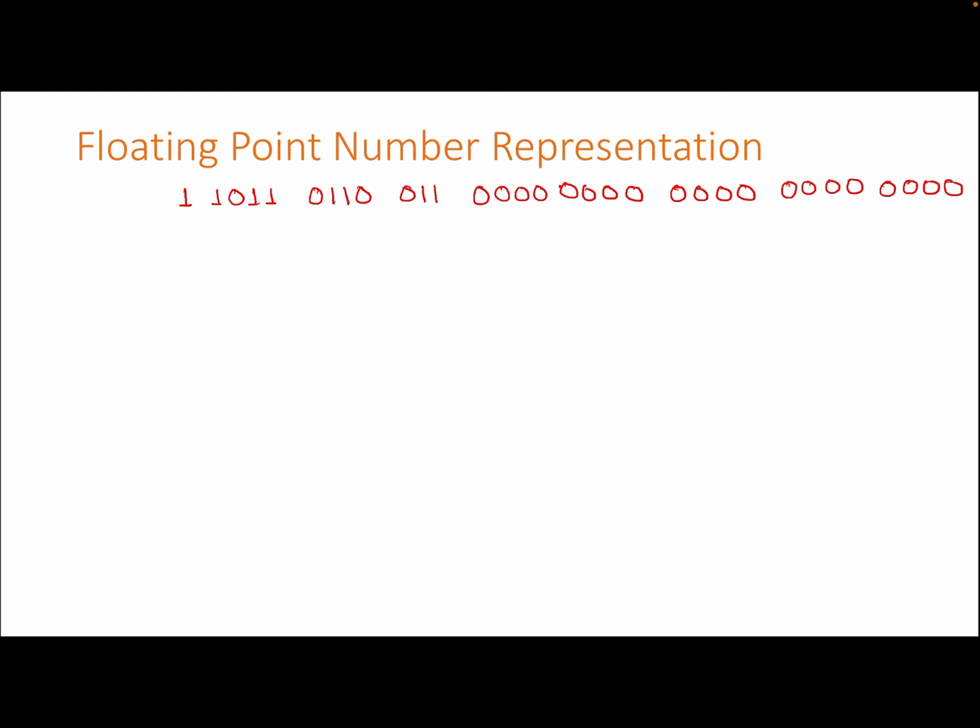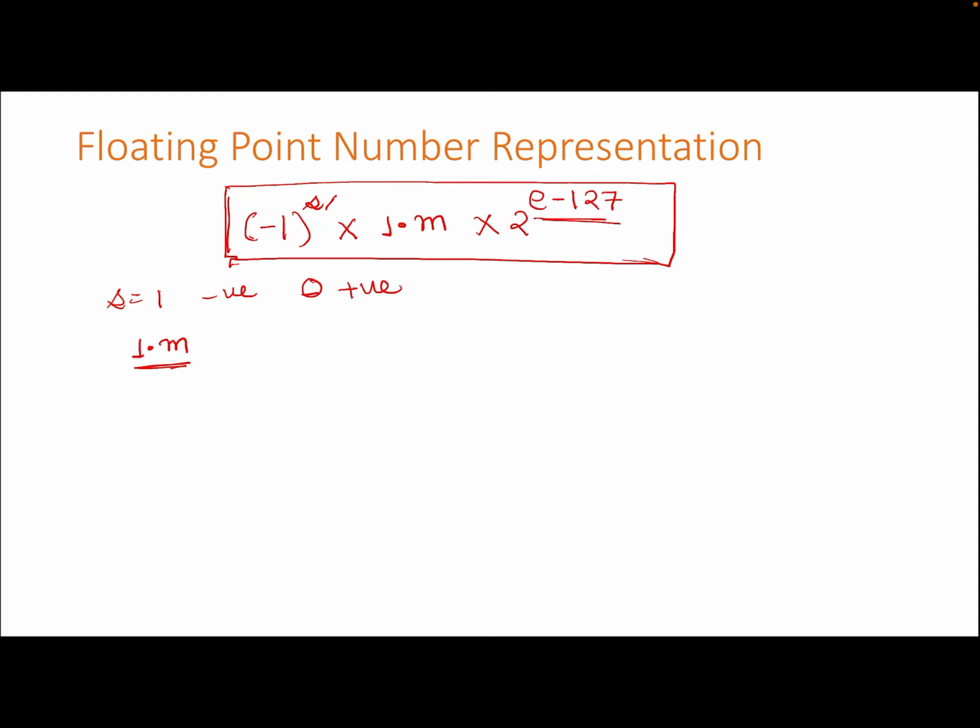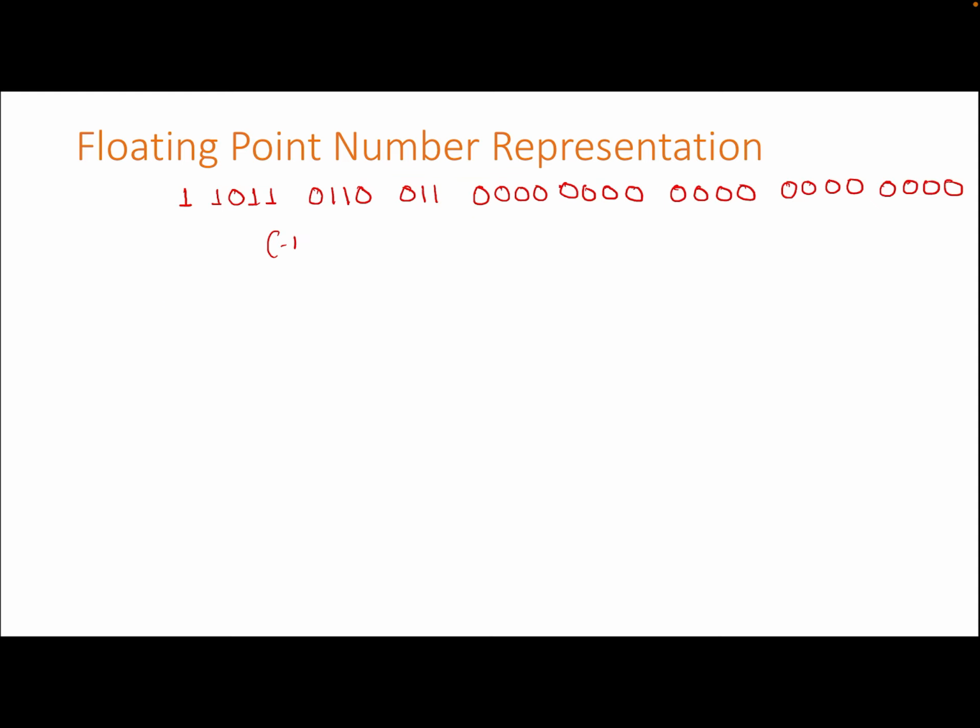This is the binary number I have taken for representation. Now let's find out its decimal equivalent. According to the formula, the value is (-1)^s times 1.m times 2^(e-127). Here the sign bit is 1, so it is a negative number.